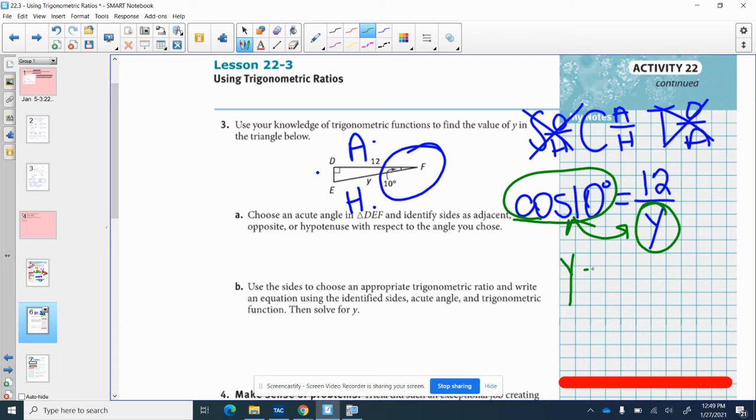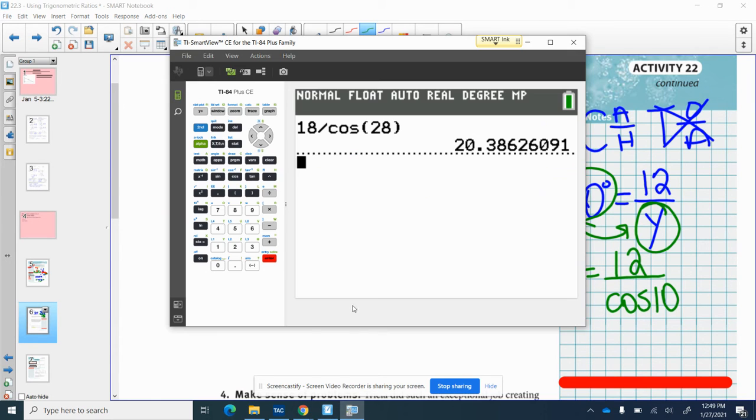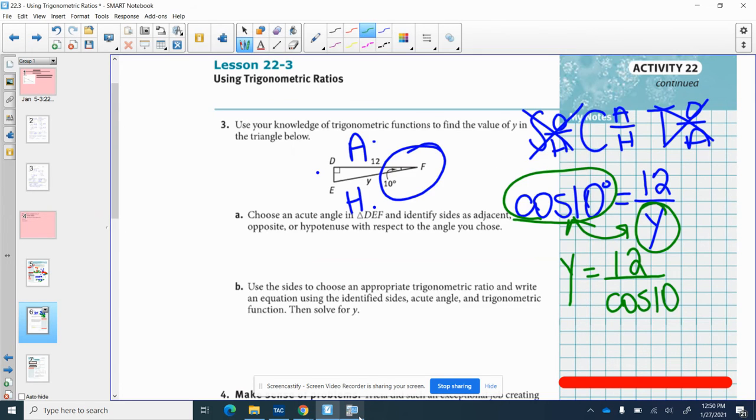So now y is by itself, and then 12 divided by the cosine of 10 will give us our final answer. Okay, so back on the calculator here, 12 divided by the cosine of 10 is about 12.19 would be our length, or 12.2 would be our value for y.